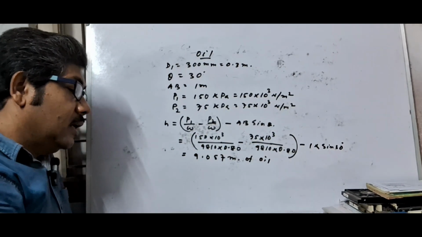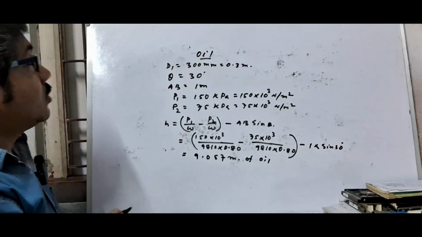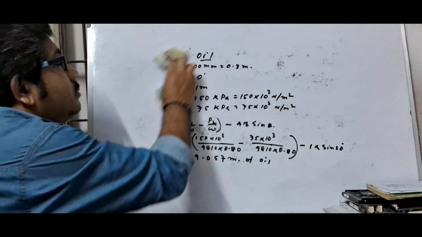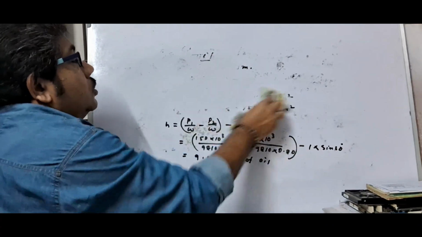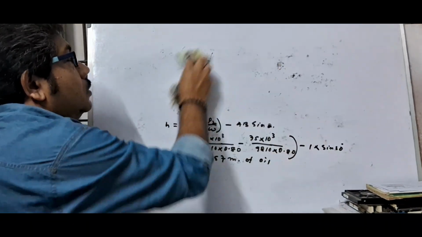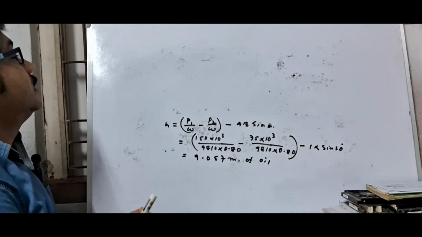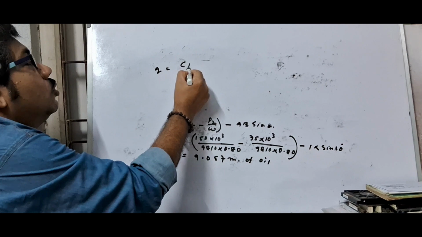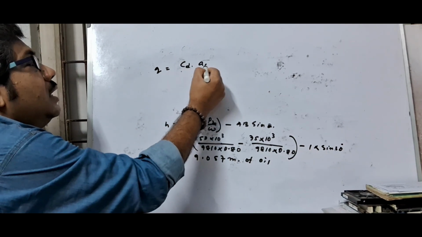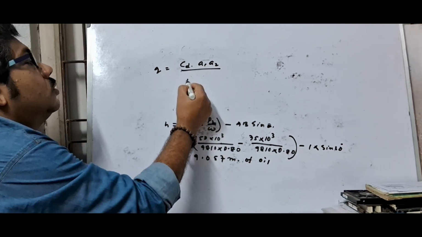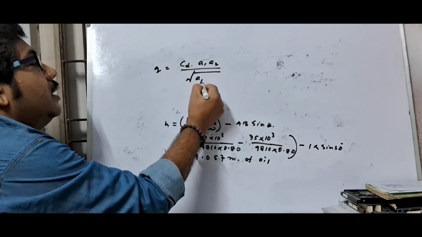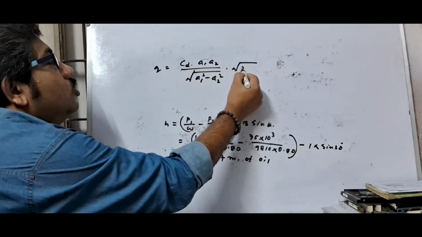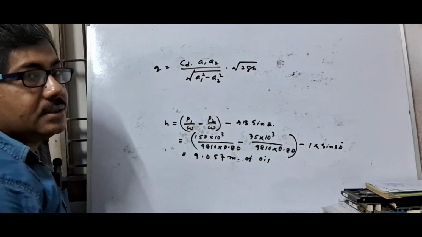Now we have to calculate actual discharge. Look at the board. Actual discharge Q is equal to coefficient of discharge A1 A2 by root A1 square minus A2 square into root 2GH.